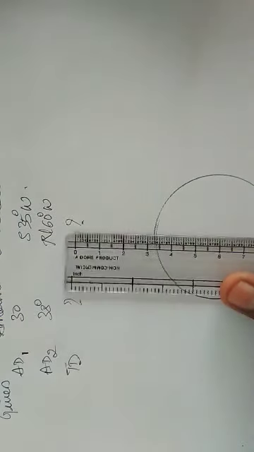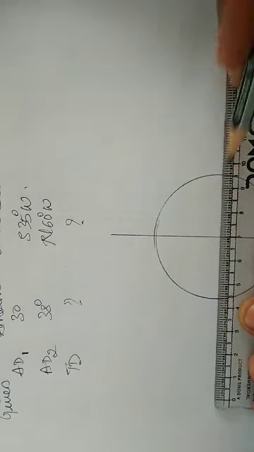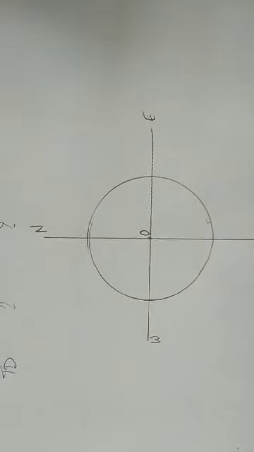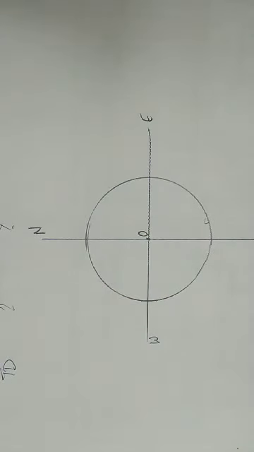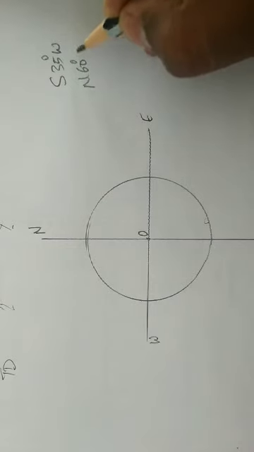Next, draw the x and y coordinates, that is the directions east, west, north, south. Name this point as O. First, we need to construct the amount and direction of AD1. Here the amount of apparent dip 1 is 30 degree and the direction is south 35 degree west, and AD2 is north 60 degree west.